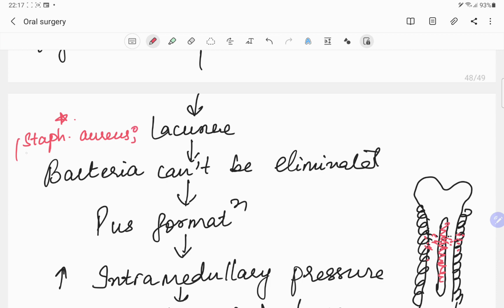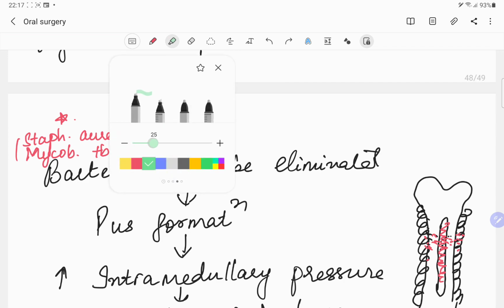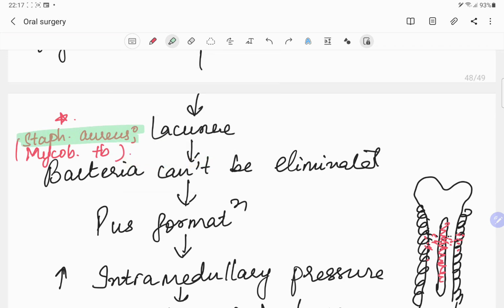Apart from that, we have the anaerobic bacteria and the Mycobacterium TB, tuberculosis. These are the two important bacteria which are involved with osteomyelitis, the most common being Staph aureus, so Staphylococcus aureus. You have to remember this, because a question can be asked from this particular point.